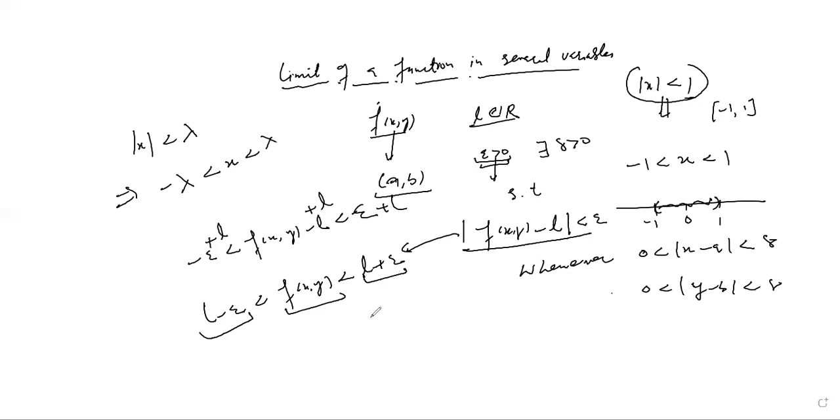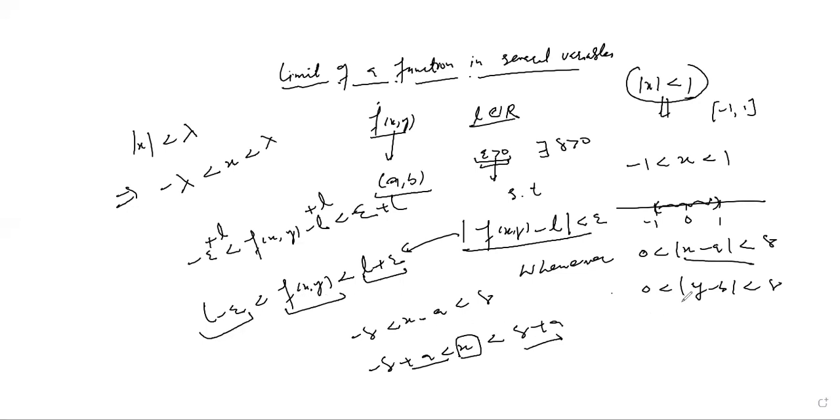If you choose input from there, okay, from here to here. So what is meant: minus delta is less than x minus a is less than delta, by explaining the definition of modulus. Adding a on both sides: a minus delta is less than x is less than a plus delta. If you choose the value of x in this interval, the output always lies between L minus epsilon and L plus epsilon.